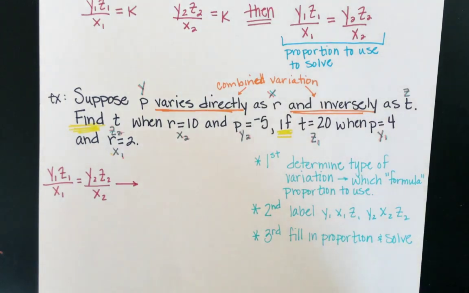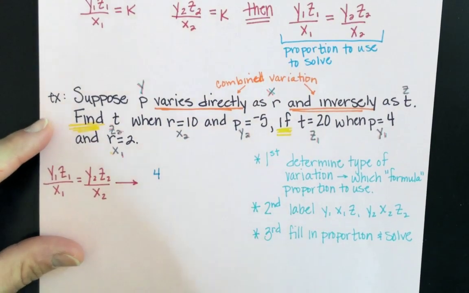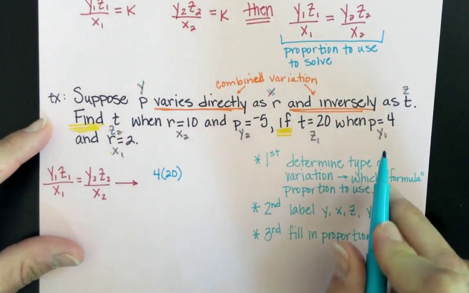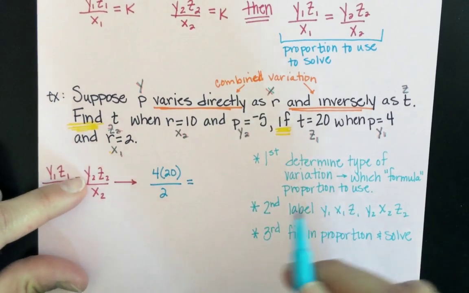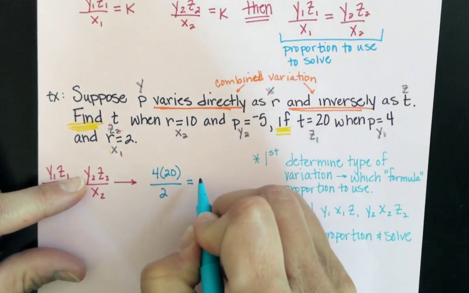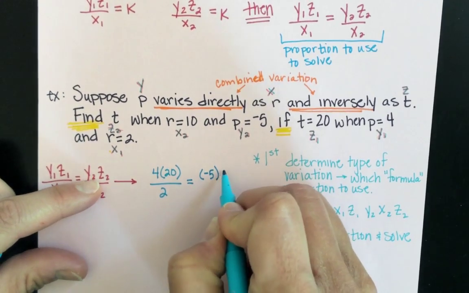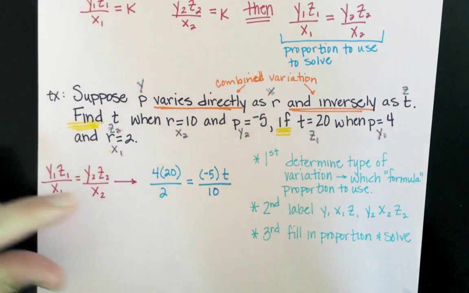So plug them in. y1 is 4, z1 is 20, x1 is 2, y2 is -5, z2 is t, and x2 is 10.